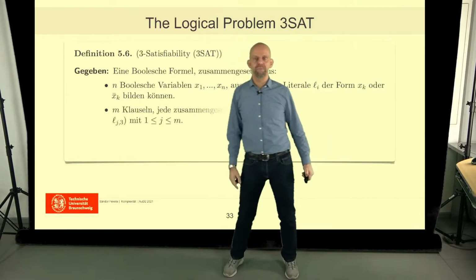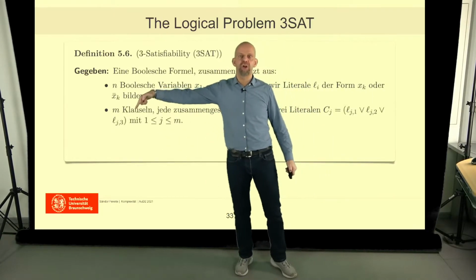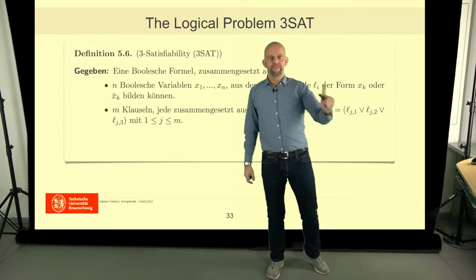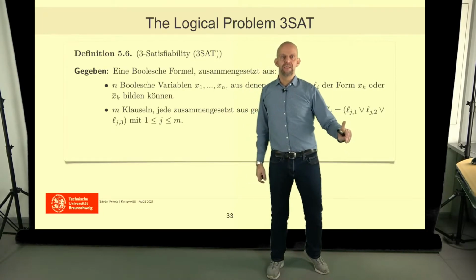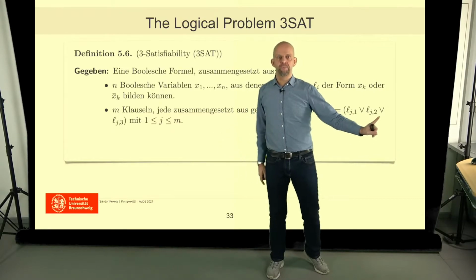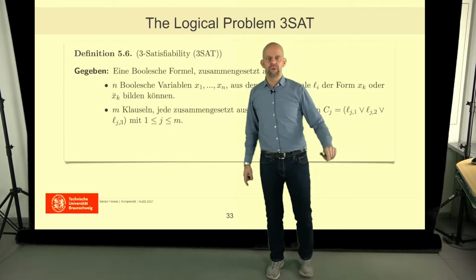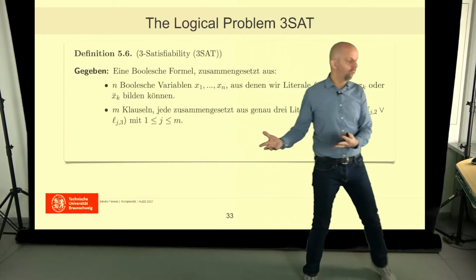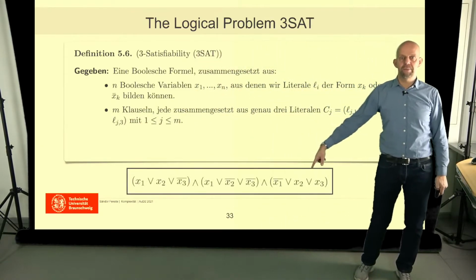And we have a bunch of clauses, which consist of these non-negated or negated Boolean variables, 3 of them. And this is exactly what we had, right? So let me just give you that example.